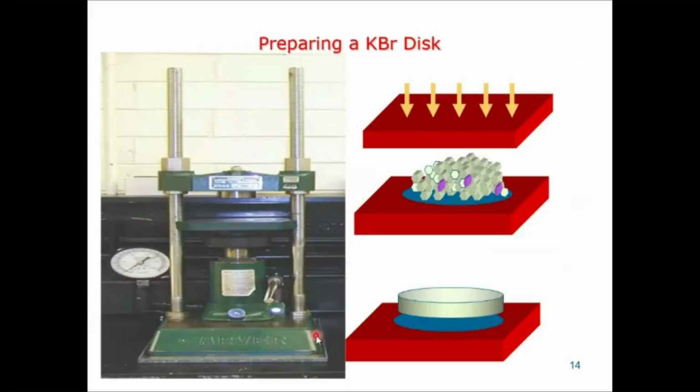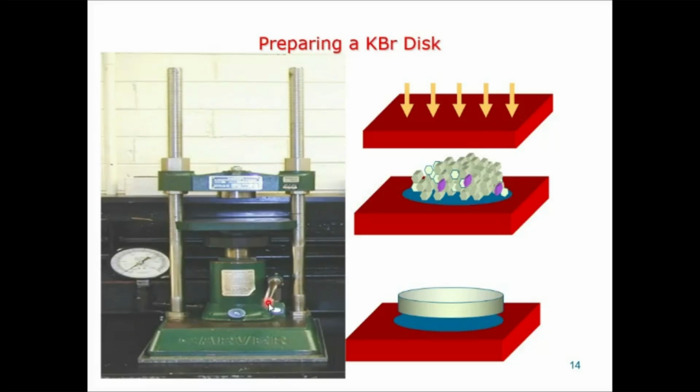This is the hydraulic press. Here is the lower platform. On the lower platform, in a cavity, KBr along with the sample is kept, and the cavity is closed over. Then there is a piston, and a hydraulic pump over here. See, the hydraulic handle is there.